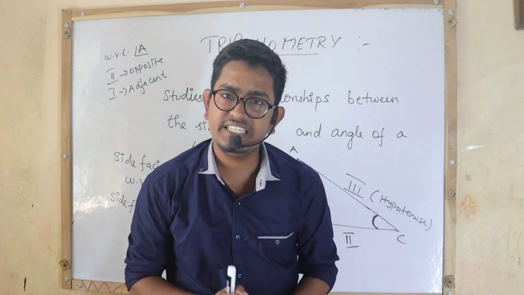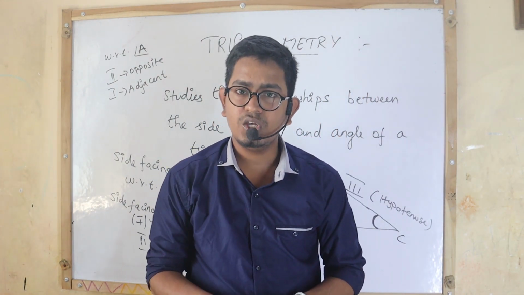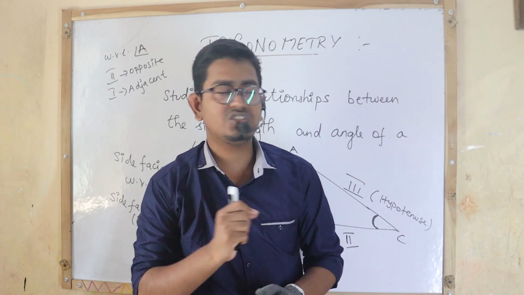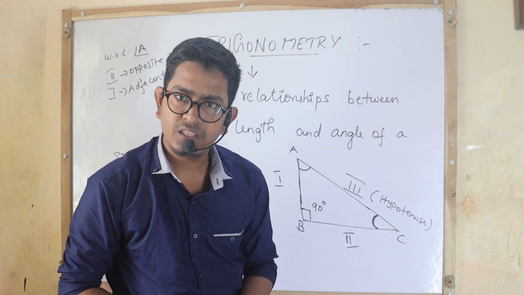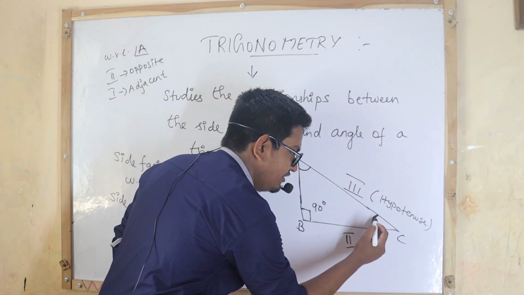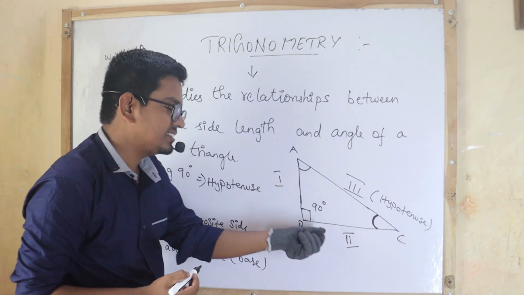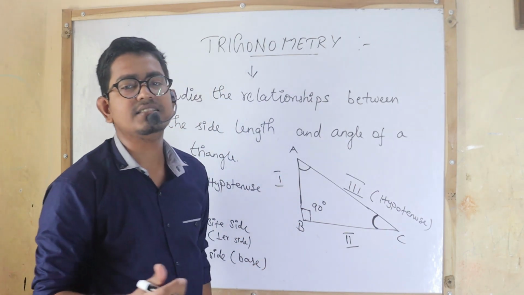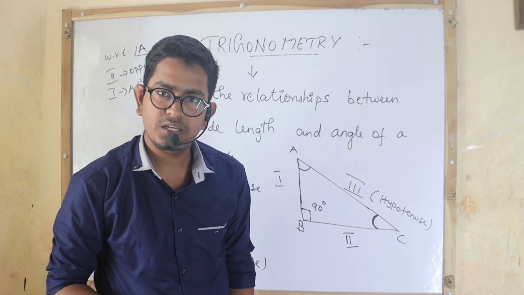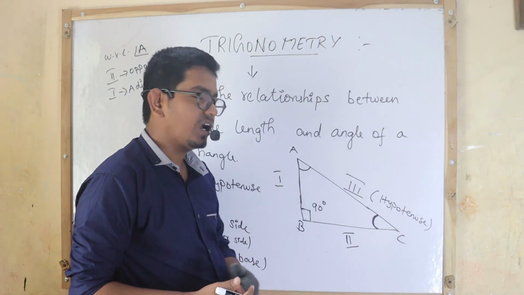So here you can see that there is a change once I change the angle I am looking at. If I am looking at angle C, the opposite and adjacent sides are one way; if I am looking at angle A, the opposite and adjacent sides are different, because these two angles are unknown.